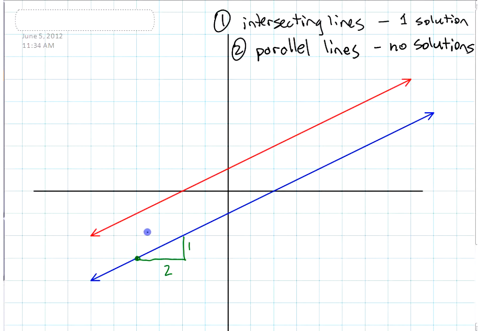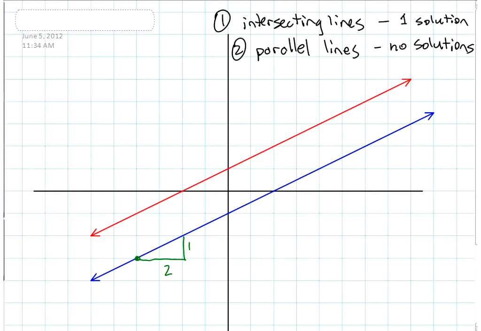There is one other situation. Either they cross once or they don't cross at all. I guess the question is, can they cross more than once? Can I make two straight lines cross more than once?